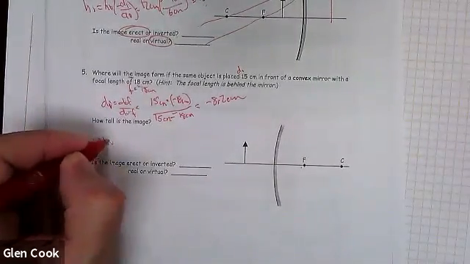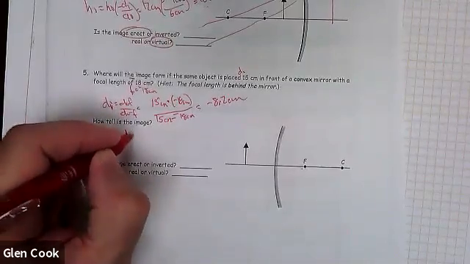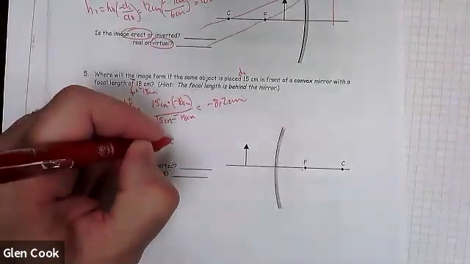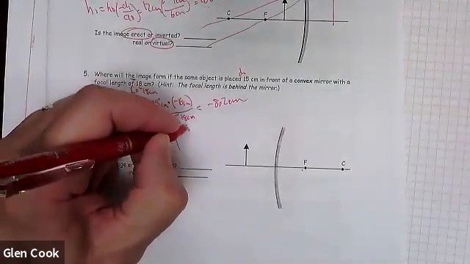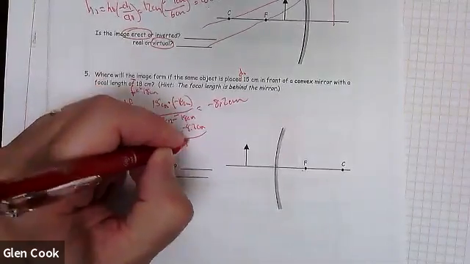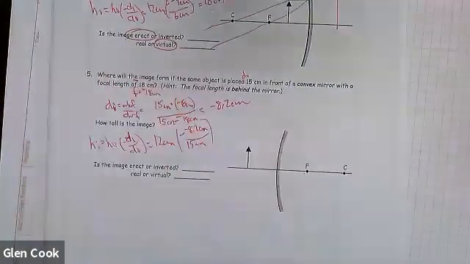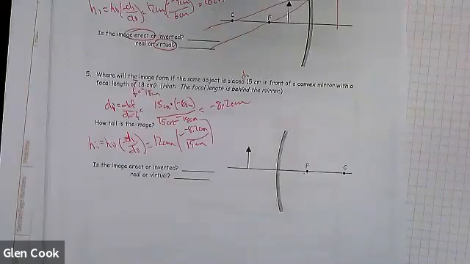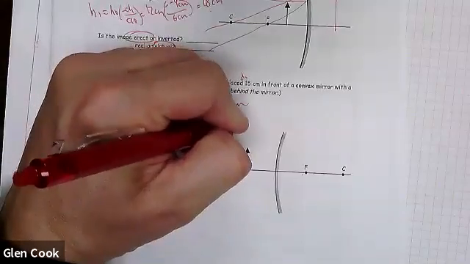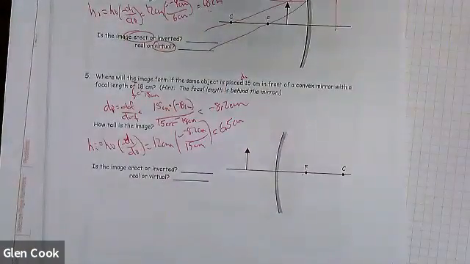HI equals HO times negative DI over DO. So it's equal to the 12 centimeters times negative of negative 8.2 divided by 15. So divided by 15 times 12, 6.5. So just over half as tall.